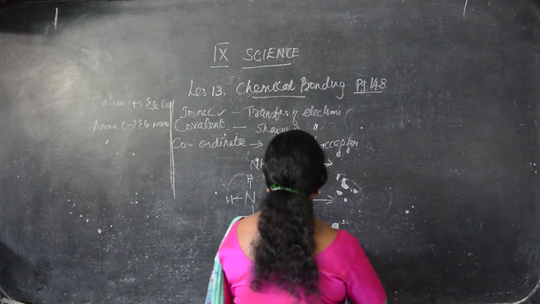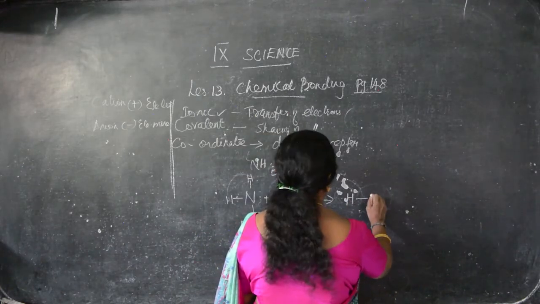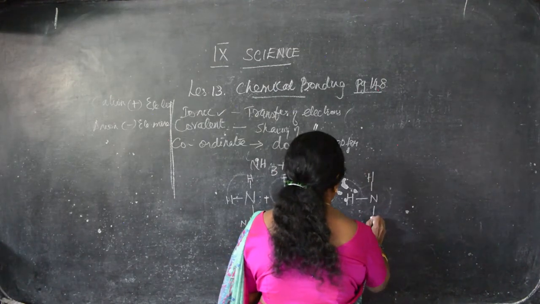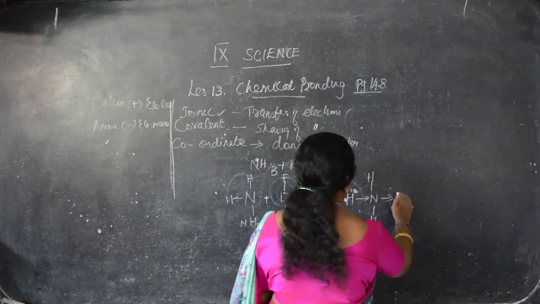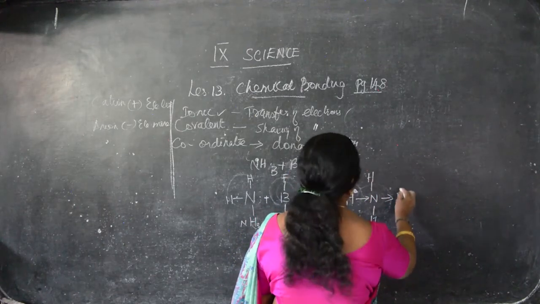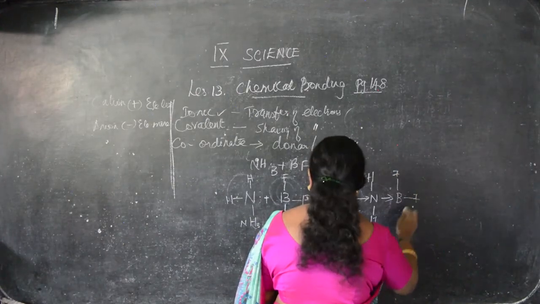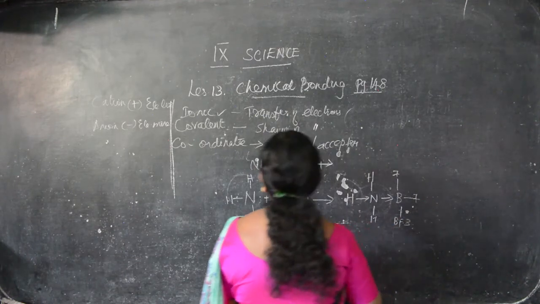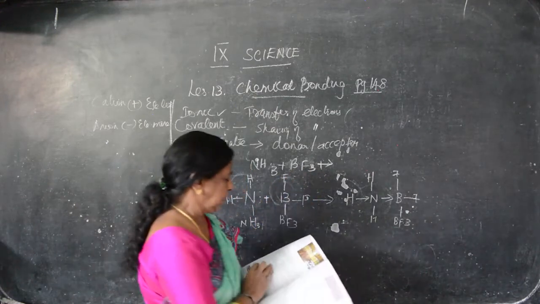They are donor and receiver, no. Here hydrogen, fluorine. They are all connected by single bonds. Here ammonia is the donor, fluoride is the receiver.